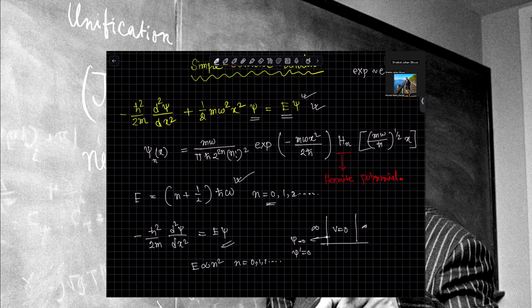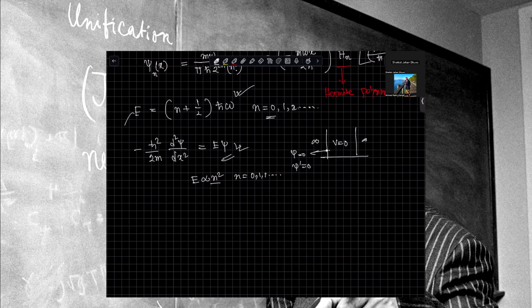This should be fairly easy to solve. You can try to do it on your own, apply the boundary conditions, and you'll see the energies will be proportional to n squared. And if you have this length, I think it was 1 upon L, but whatever, that's none of our concern. We just want to show that this is discrete. So this is what the Schrodinger equation does: energy is discrete.